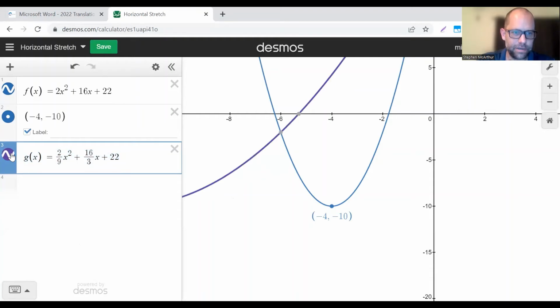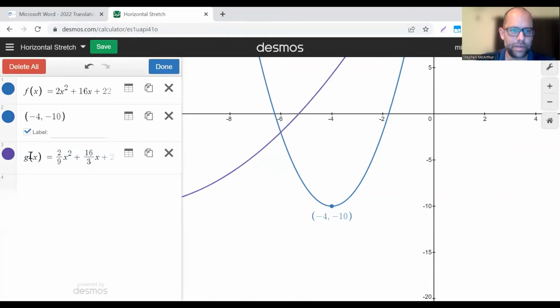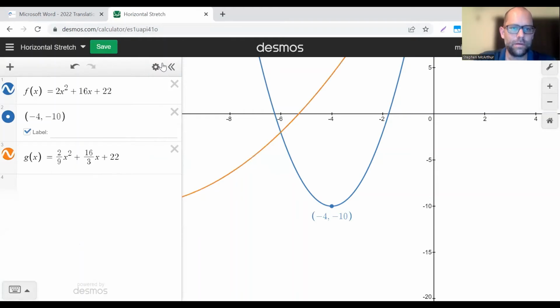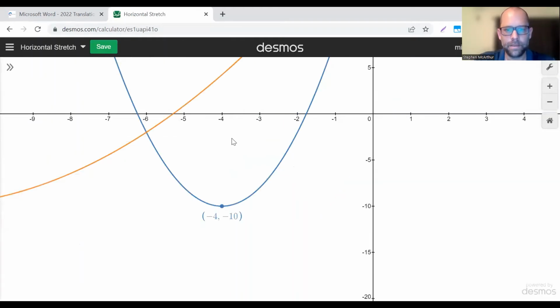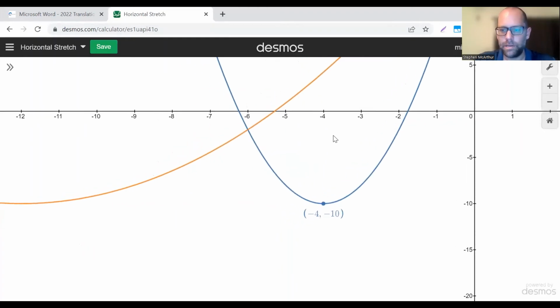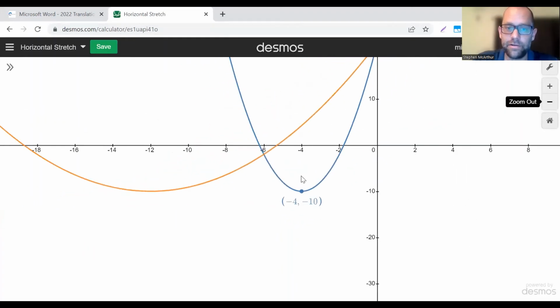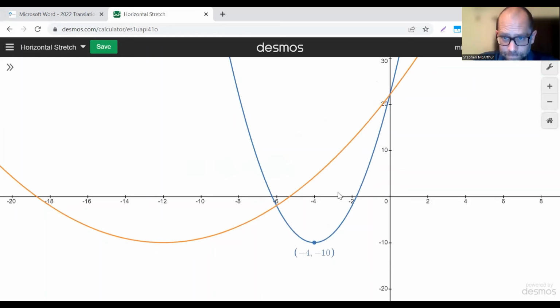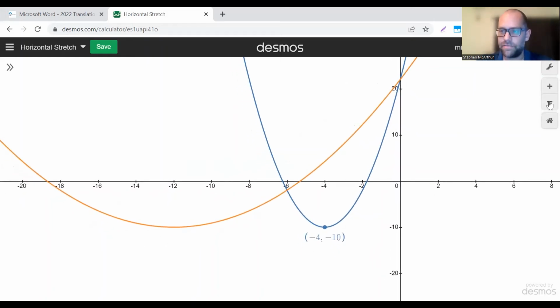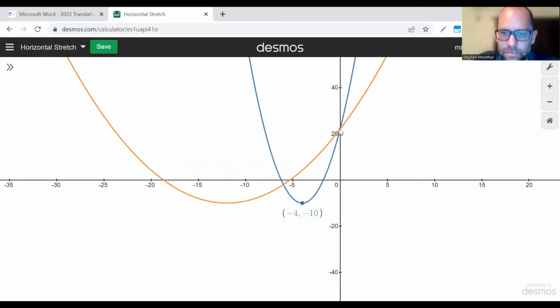What color did I use? I used orange in my working out, so I'm going to use orange here. Let me know in the comments what's your favorite function color. Okay, so let's just have a think about this. Everything should be 3 times further away.